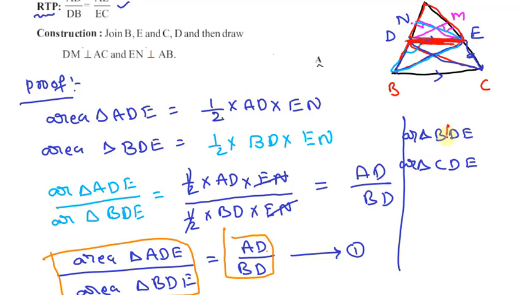These two triangles have the same base DE and are between the same parallels, DE and BC. So their areas are equal.